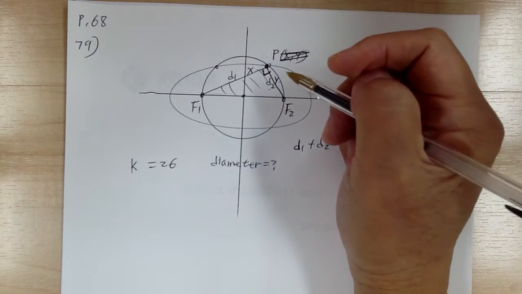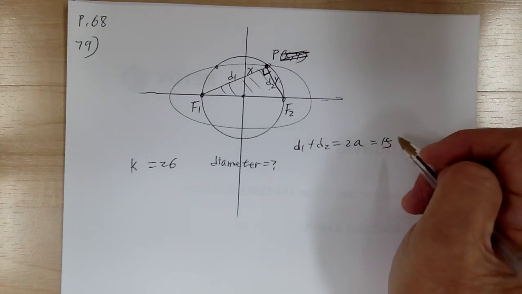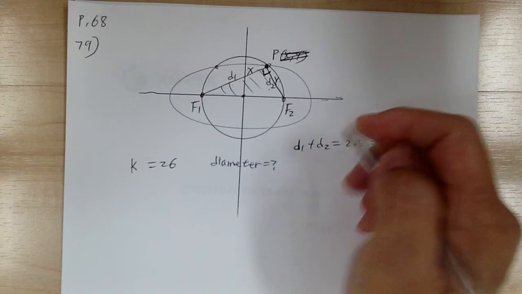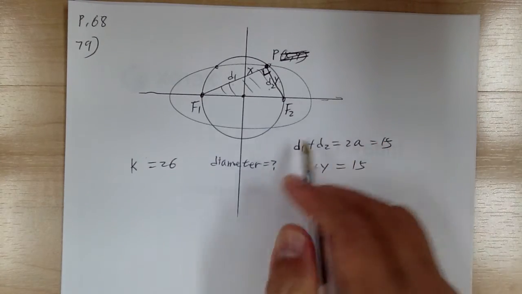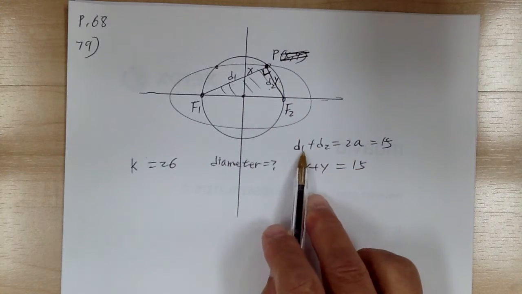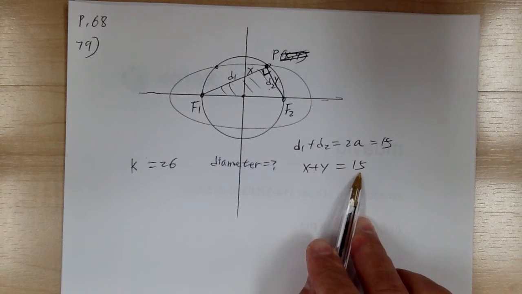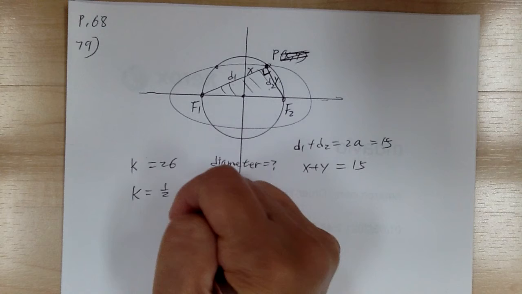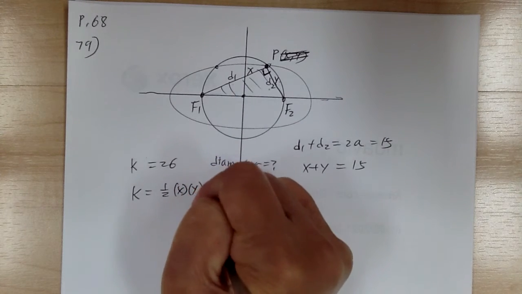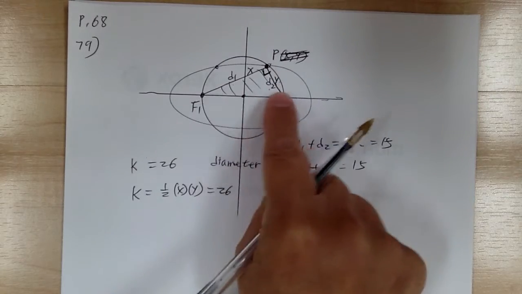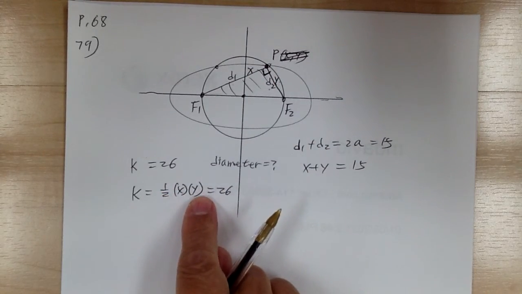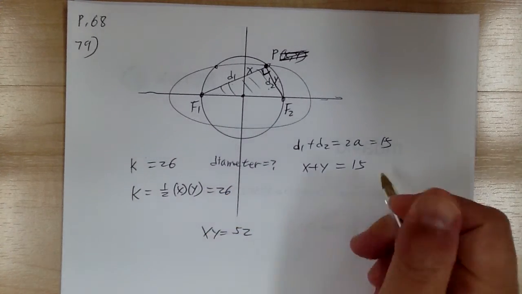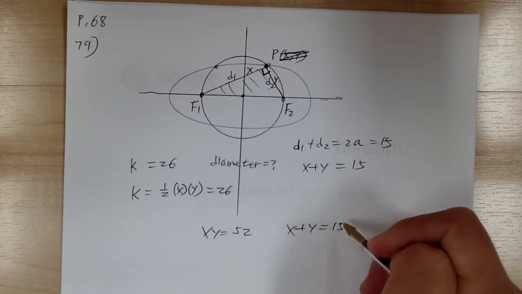From the 2a, your d1 plus d2 is x and y, so x plus y equals 15. The area equals 1/2 base times height, so 1/2 x times y equals 26. Move it over, so you get xy equal to 52, and x plus y equal to 15.